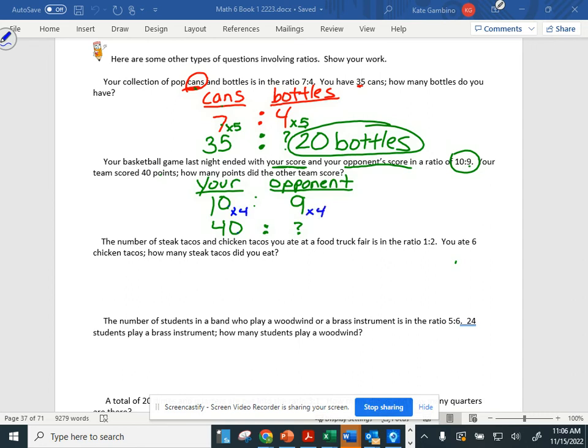So I have to multiply by 4 over here. 9 times 4 is what, Isabel? 36. So their score was 36. So if you set it up just like how I did, you can see where that missing part is, and you can see how to get there.